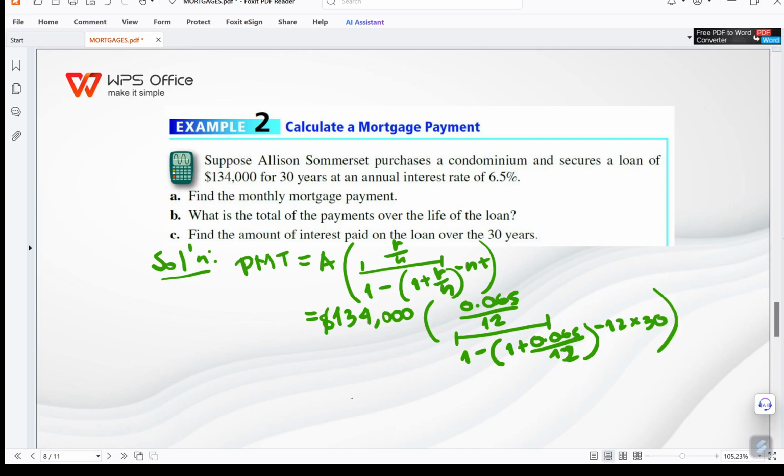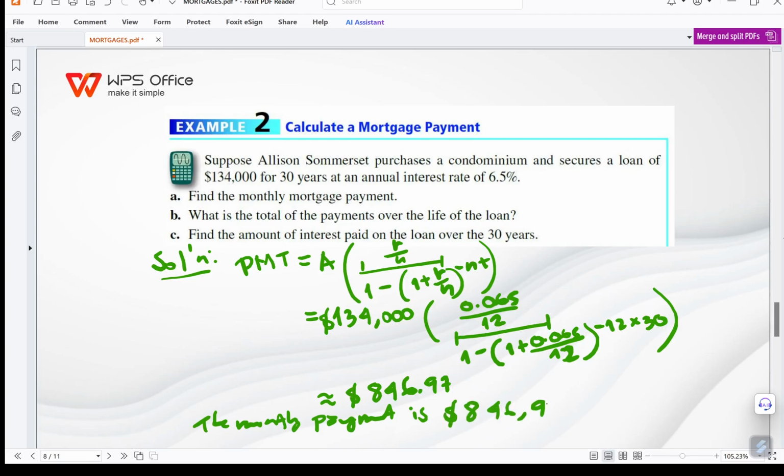Okay, so after doing the calculation, you will get approximately $846.97 per month. So the monthly payment for the mortgage is $846.97. So that is the monthly mortgage payment.